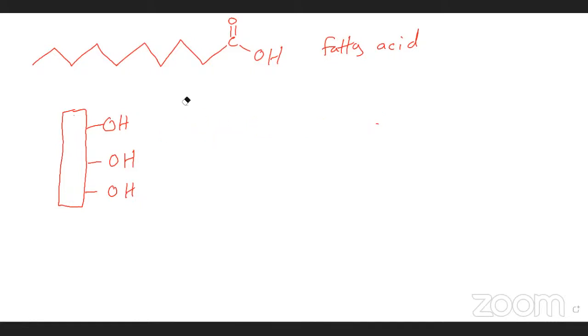So this molecule is glycerol. And they just answered a lot of questions. So this is a fatty acid. This is glycerol. If I combine fatty acid and glycerol, what will I form? Or what am I trying to form? A triglyceride. All right.